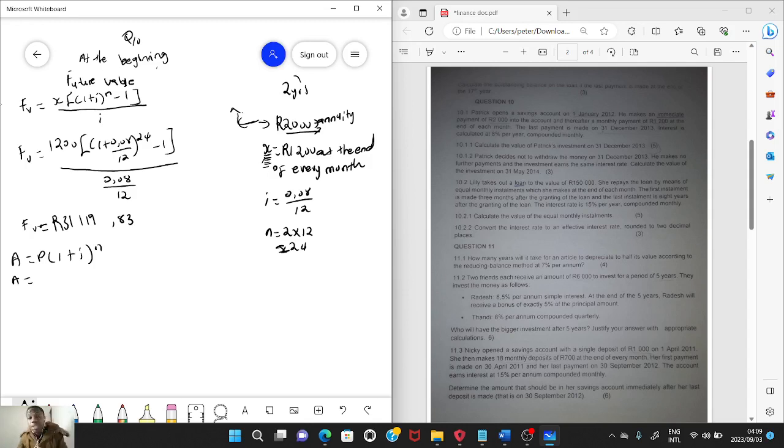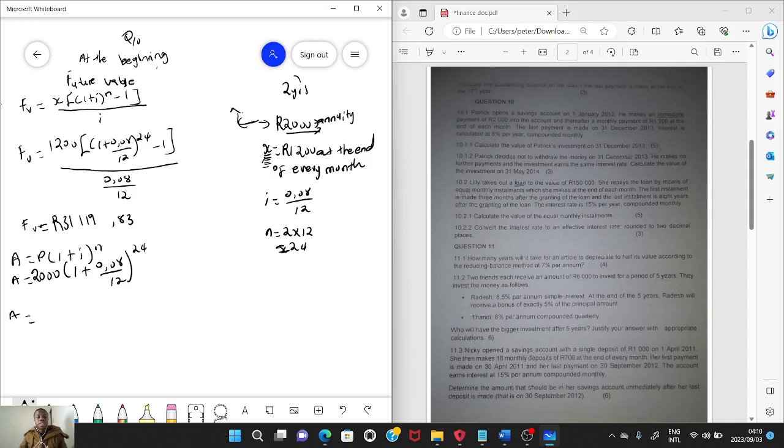So my original amount is 2,000 into 1 plus the interest, which remains the same, 0.08 over 12. Now what's my n? My n is 24.